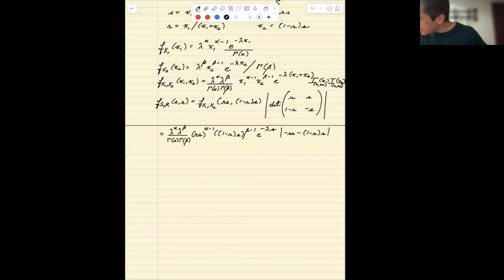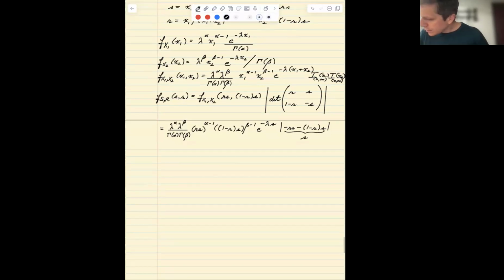This value is just S. So what we're left with is lambda alpha, lambda beta, over gamma alpha, gamma beta.